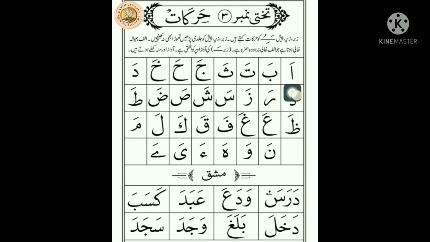If it has any zabar, zair, pesh or any other sign upon it, then it is called hamza. You have to remember this point also.